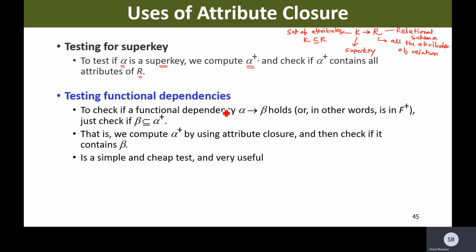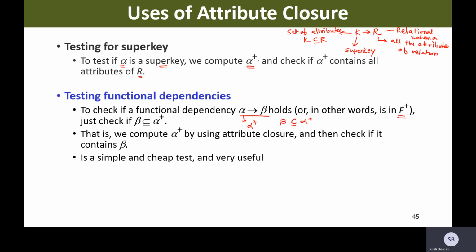To check if a functional dependency of the form alpha to beta holds for relation R, or in other words, whether alpha to beta is a member of F plus, we simply compute alpha plus, that is the closure of alpha, and check whether the right hand side beta is a subset of this closure alpha plus.